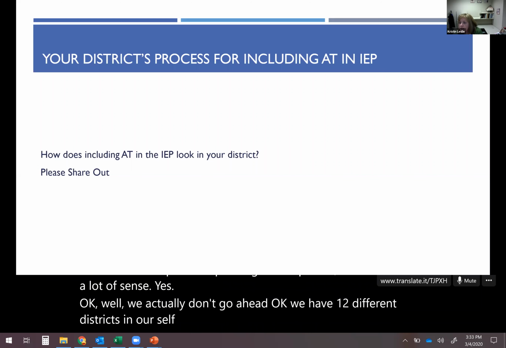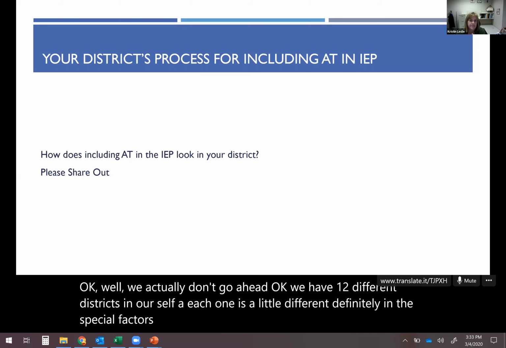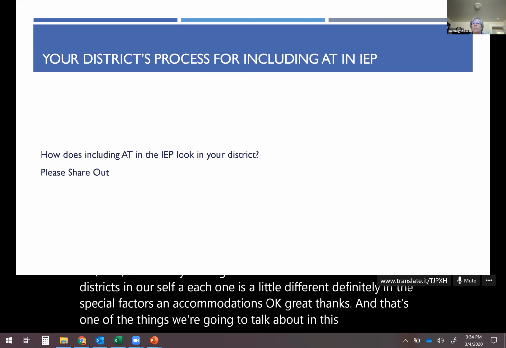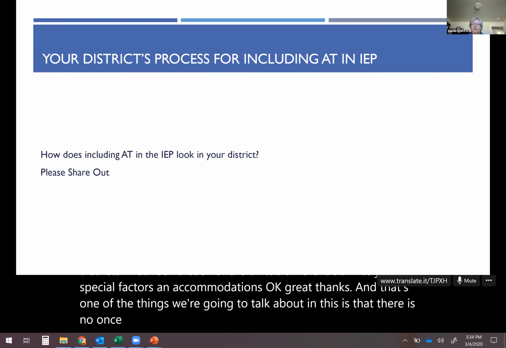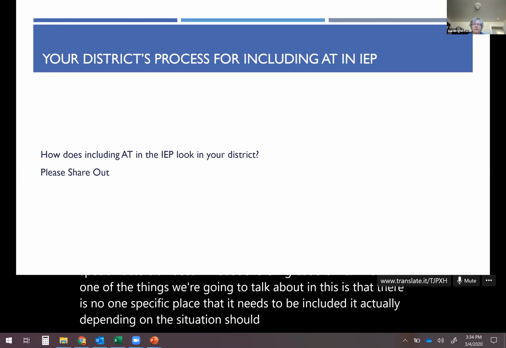Each one is a little different. Definitely in the special factors and accommodations. Okay, great, thanks. And that's one of the things we're going to talk about in this, is that there is no one specific place that it needs to be included. It actually, depending on the situation, should be included in different places.